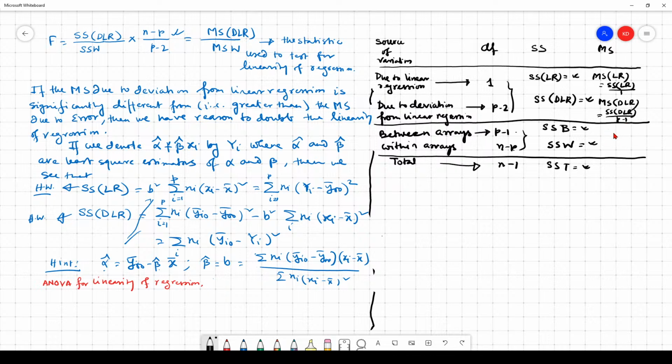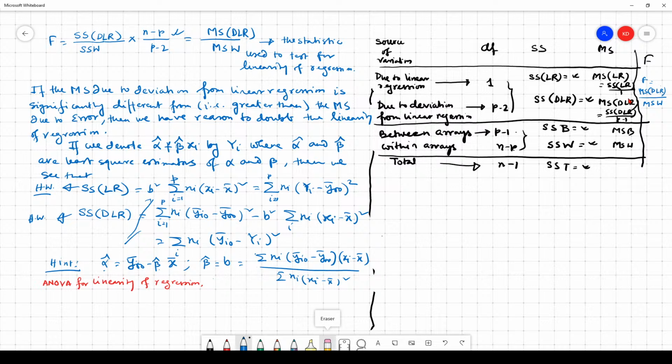Then MSB, MSW, and F. Since we are interested in linearity of regression, F equals MSDLR divided by MSW.